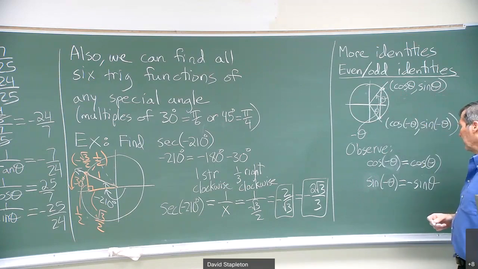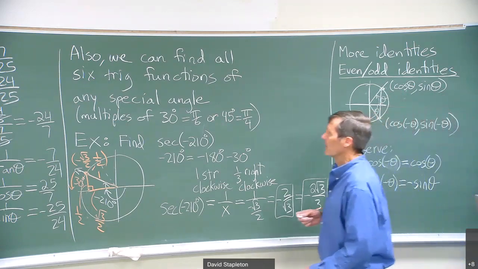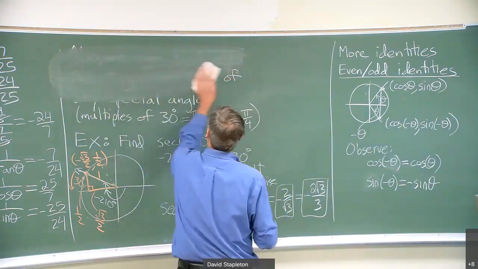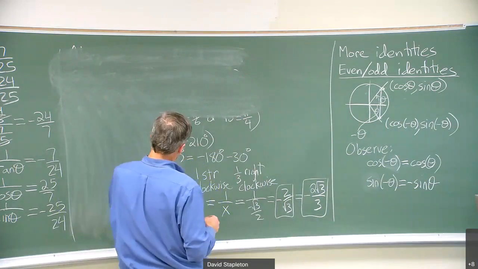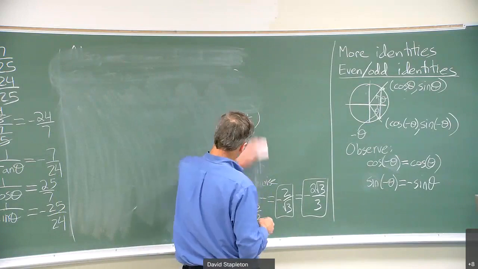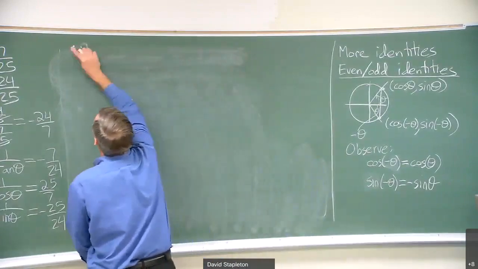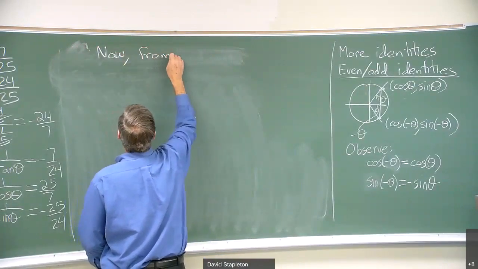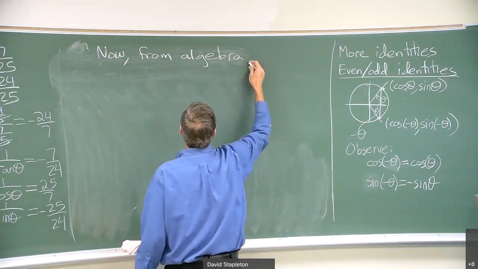These are called even and odd identities for sine and cosine because you have to go back to algebra and see what even and odd means. And you find this. In algebra, just general functions, not necessarily trig functions.